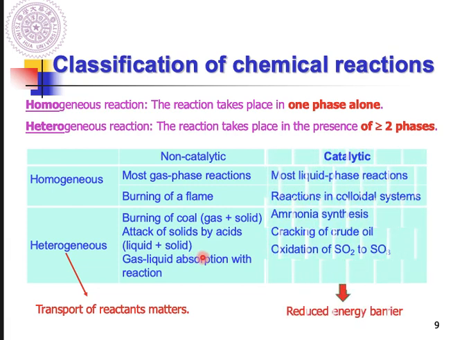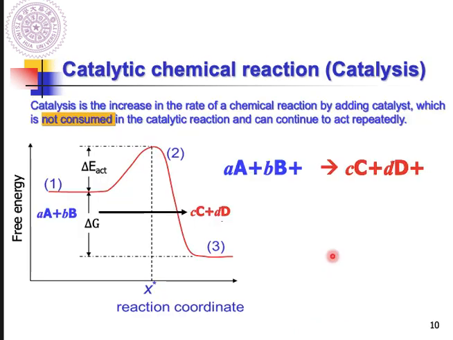Okay, and the other thing is some chemical reactions where you do add a catalyst to reduce the energy barrier to speed up the reaction rate. So it can also be performed in homogeneous reactions or heterogeneous reactions. So let's focus on the catalyst reactions.